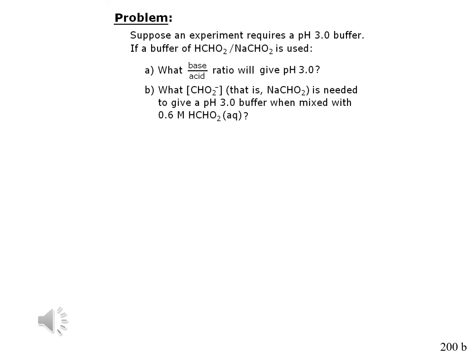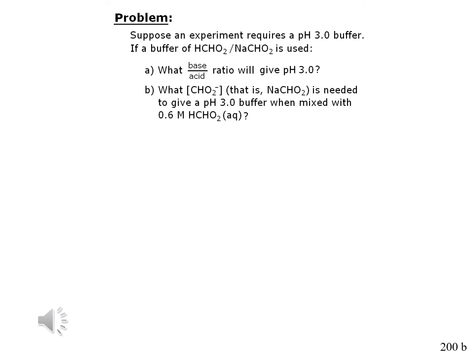I'm going to do another problem with a different buffer. I want to make a pH 3 buffer out of the acid HCHO2, and you can replace the H with a sodium to make the base. This is what's called formic acid. I want to determine what base to acid ratio you need to give you pH 3.